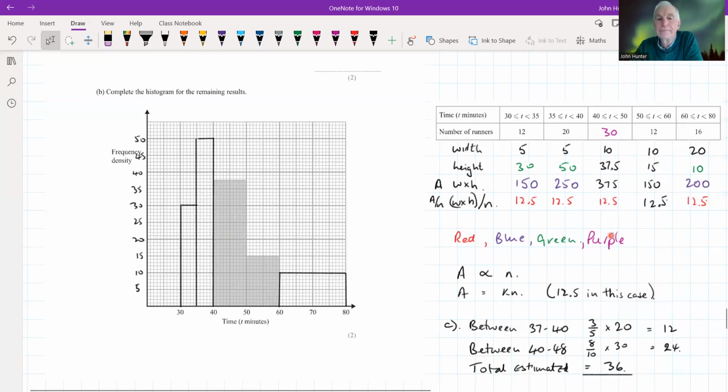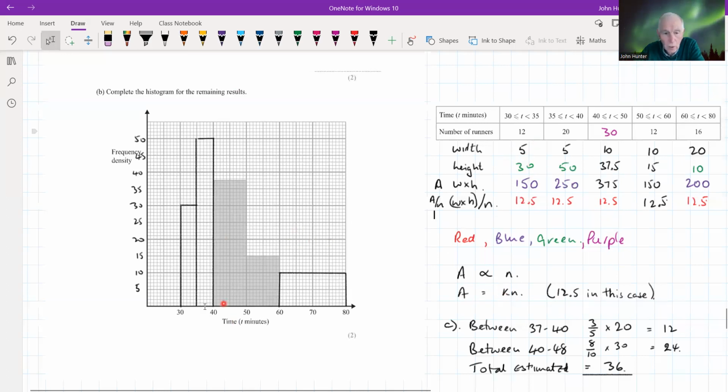In other words, the area per count of whatever they're counting. That gives you the ability to complete the whole table. I've written down here, A is proportional to N, so A equals constant times N. So this K is our 12.5. That's basically it.